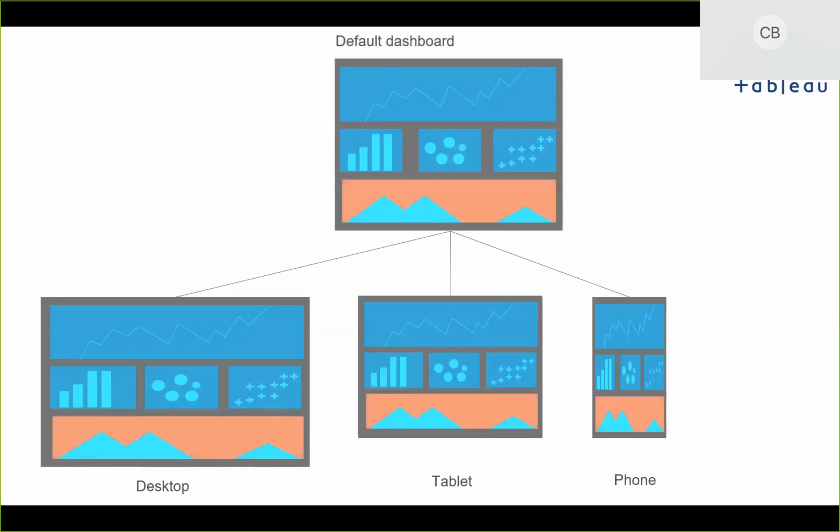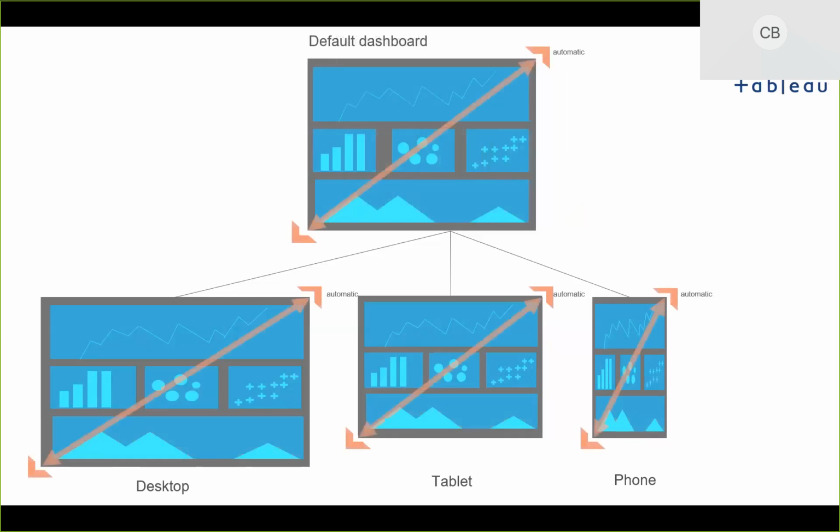So if you think about the process flow, if you were to update an individual sheet somewhere, those changes would reflect in a dashboard. Well, you carry that further downstream, whatever changes or whatever content is present within the default dashboard would carry through to the subsequent layouts in the phone, the tablet, and the desktop. So again, if you change the formatting higher up, it'll show within those 3 layouts as well.